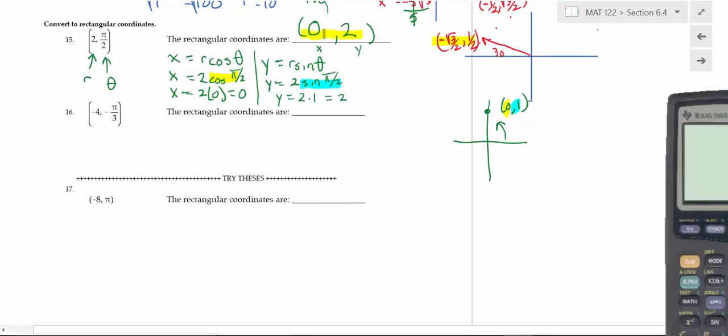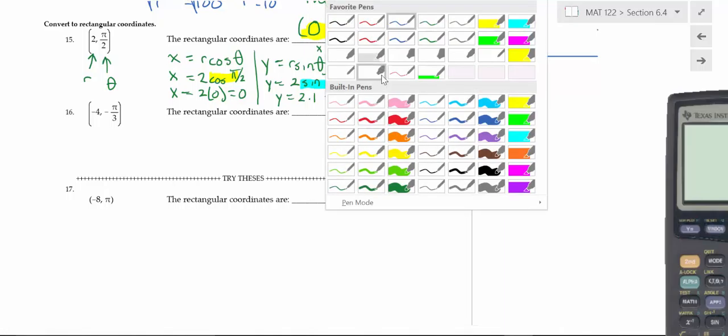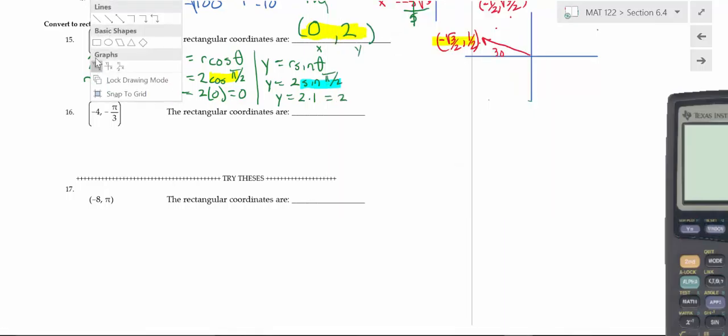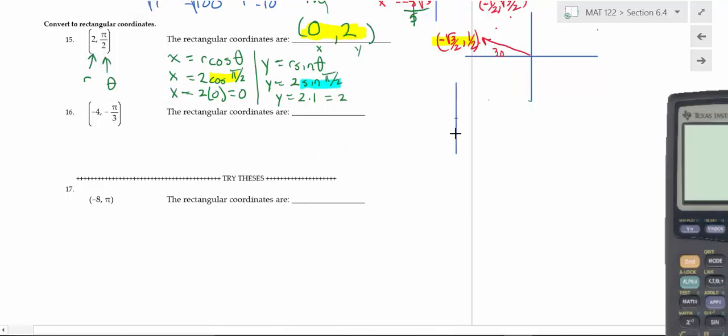So that would be the same thing as the point (0, 2). Now, let me show you that you could do this problem without even having to look at a unit circle. One thing you can do frequently on these problems is draw a diagram. I always recommend you start all these problems by graphing. If you graph 2, pi over 2, here's pi over 2, and then you just go out to the second circle.